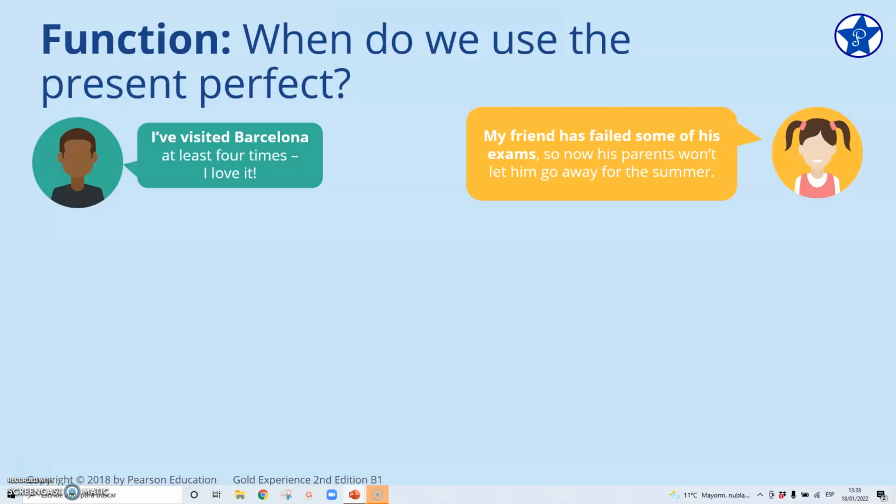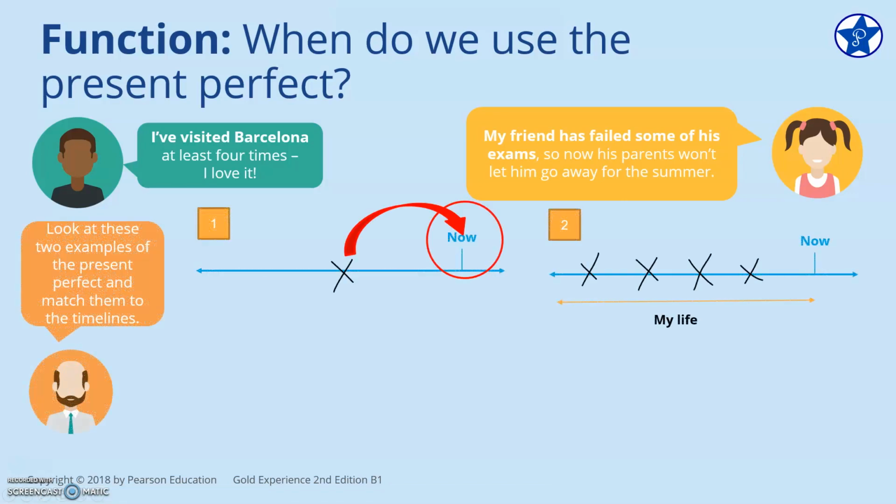So, when do we use the present perfect? Look at these two examples of the present perfect and match them to the timelines. And these are the correct answers.